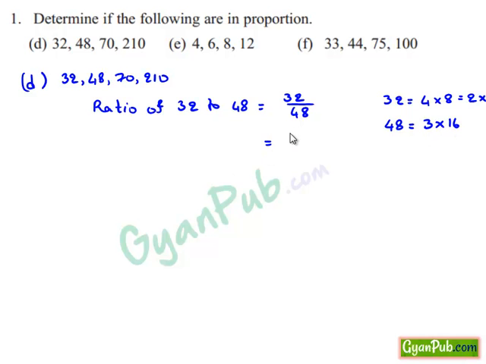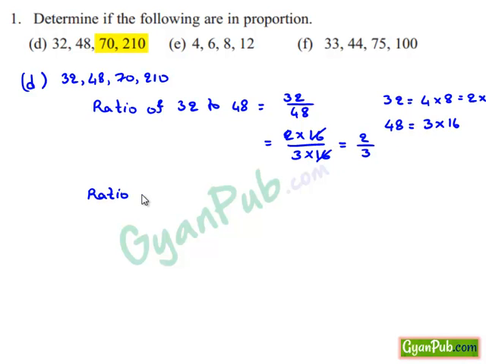So by rewriting this, 2 times 16 upon 3 times 16, 16 in the numerator and 16 in the denominator gets cancelled, which gives the ratio of 32 to 48 as 2 upon 3.